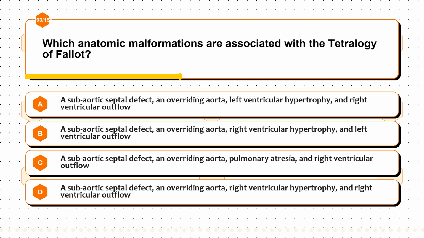Option B, a subaortic septal defect, an overriding aorta, right ventricular hypertrophy, and left ventricular outflow. Option C, a subaortic septal defect, an overriding aorta, pulmonary atresia, and right ventricular outflow. Option D, a subaortic septal defect, an overriding aorta, right ventricular hypertrophy, and right ventricular outflow.